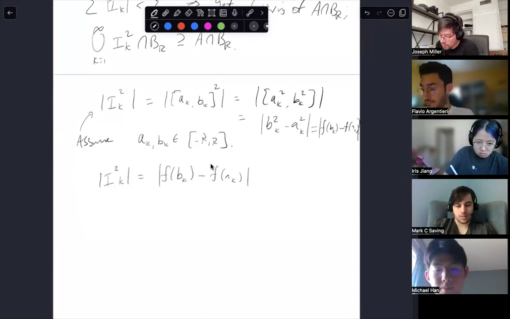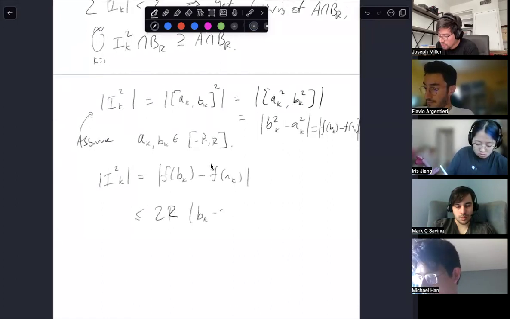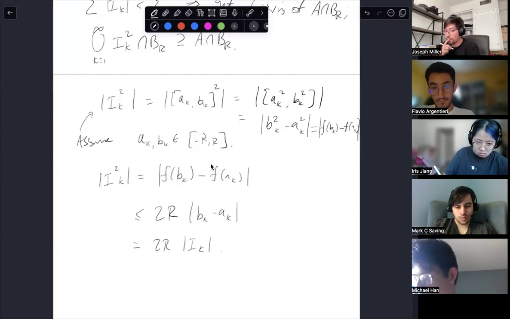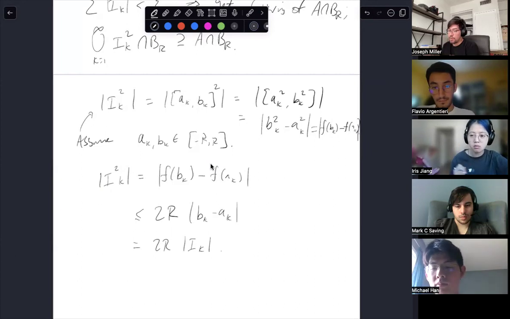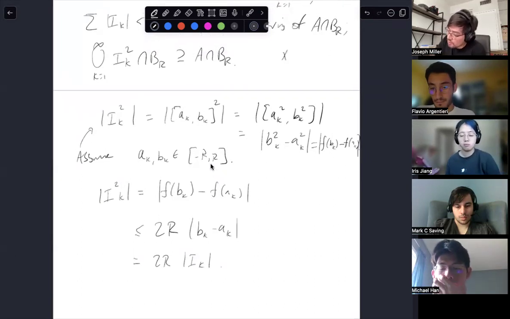Okay, and so I know from my inequality that this is less than or equal to 2 times r times (bk minus ak), right? But this is actually just 2 times r times the original interval. So what we're going to use is that I have a cover and I have a bound.